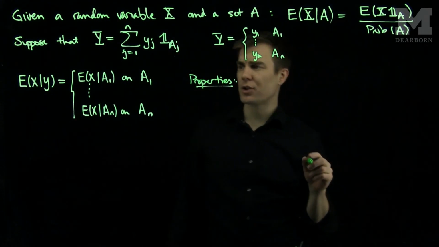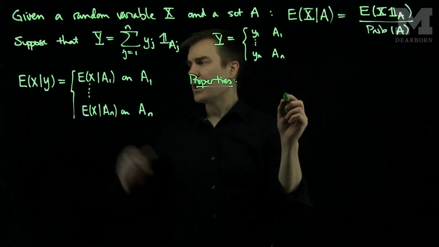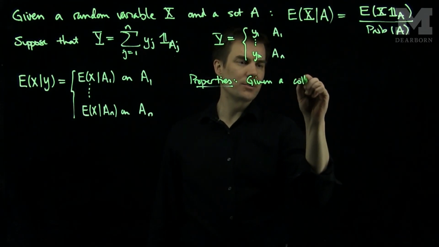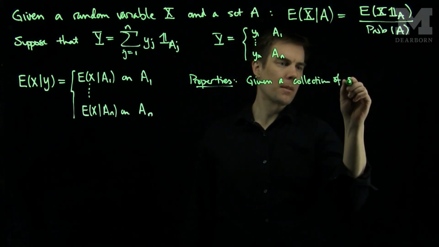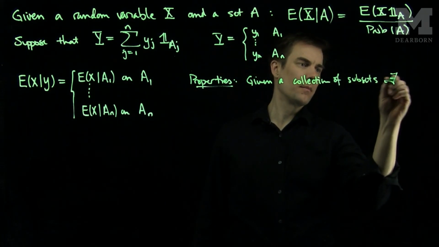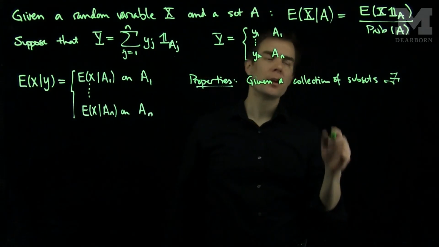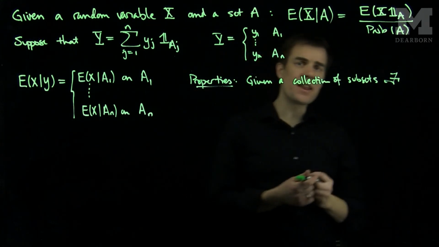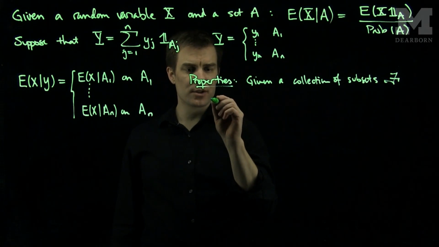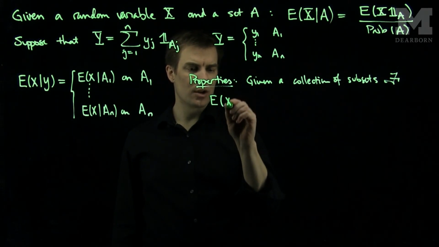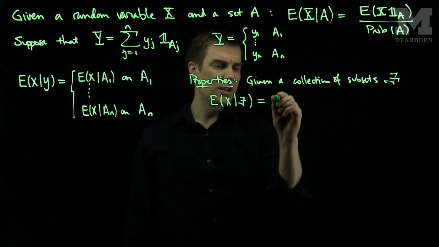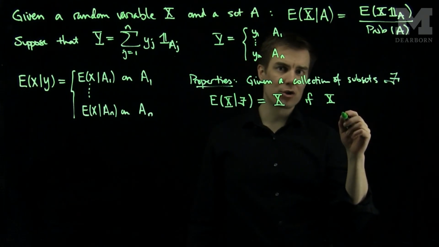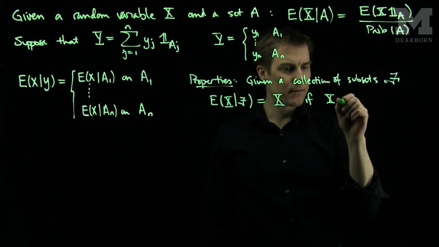The first property is that if we're given a collection of subsets f, as we had here in terms of y, which in this example is the collection a1 through an, then for any collection of subsets f the conditional expectation of x given f is equal to x if the information of x is contained in f.